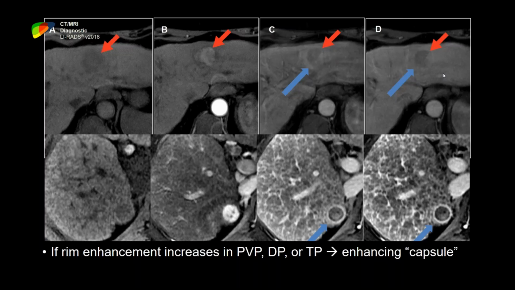If it's an MRI, you can then go to ancillary features, and you can ask, does the lesion have any ancillary features of HCC, such as T2 or diffusion restriction, or fat, etc. And you could potentially use those features to bring it up from a LI-RADS 3 to a LI-RADS 4. Now, we know that there are going to be lesions that wash out, that have no hyperenhancement, and that are HCCs. So in the current version of LI-RADS, if it doesn't have hyperenhancement, we cannot call it a LI-RADS 5, even though it's possible it's an HCC.